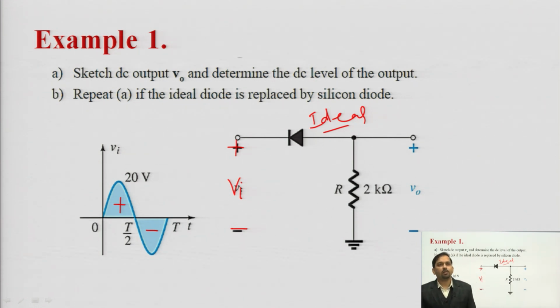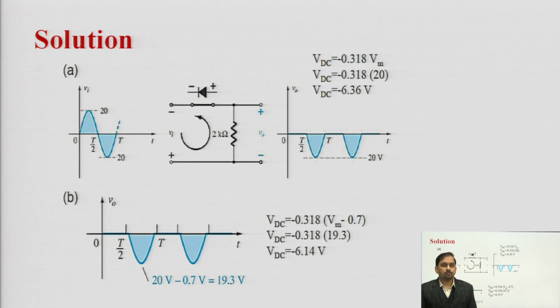The steps are, first we draw the equivalent circuit in both the cycles. In the positive half cycle the diode was off, and when the diode is off the output equals 0.